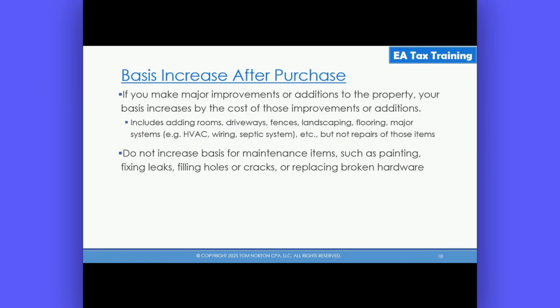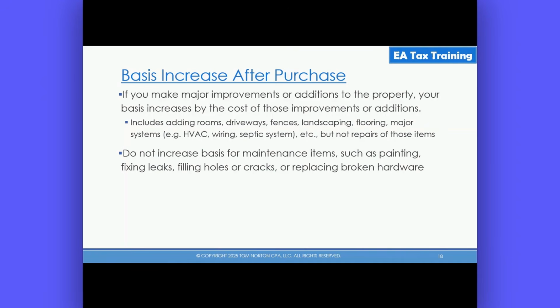So if you add on a room to a house, for instance, or you add a driveway or a fence, landscaping, flooring, major systems, a new air conditioning system, something like that, those things get added to the basis of the property, but you don't add things like repairs to those items.